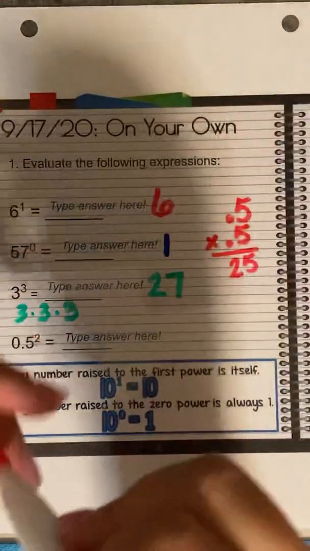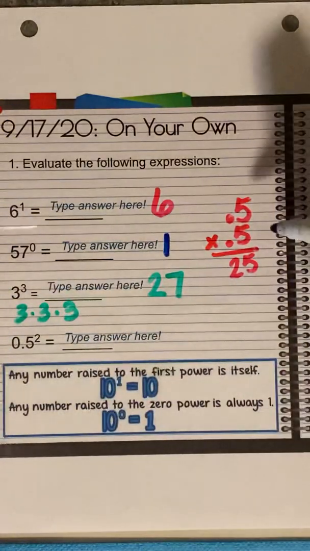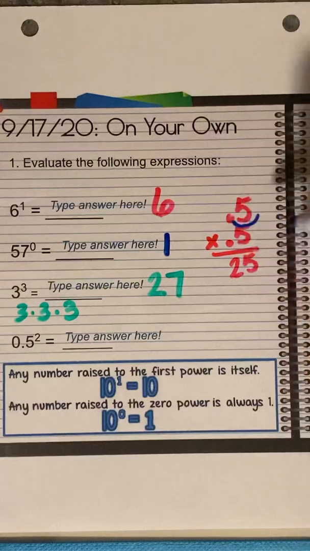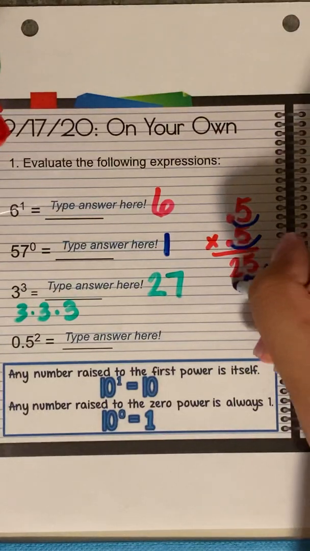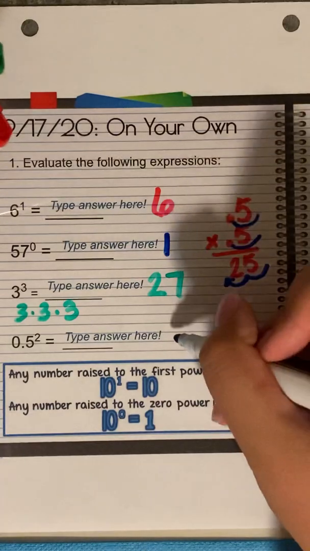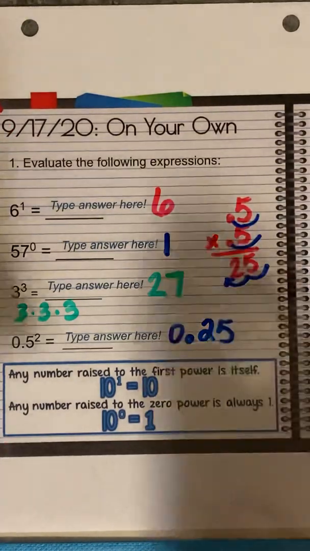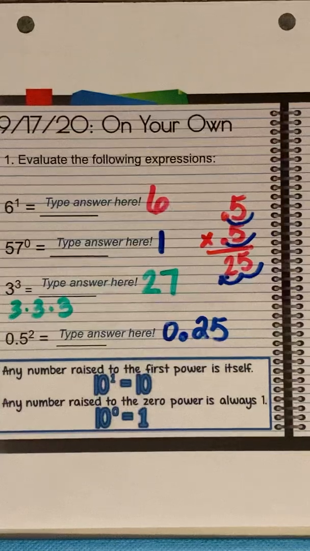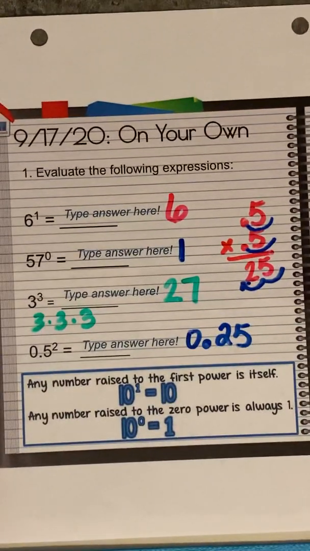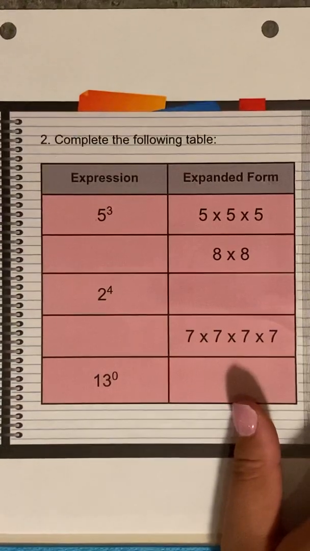Now, the decimal. How many times do we need to move this decimal over? Well, how many times do we see it? 1, 2. So we're going to go 1, 2. So our answer is going to be 0.25, or 25 hundredths. And we'll do more practice with these, so don't stress about them, as long as we're getting some good practice with them now, and we will continue to practice, and you'll be okay.